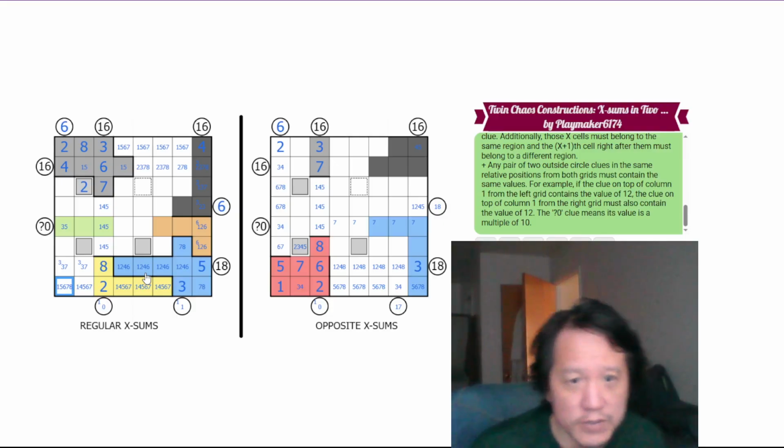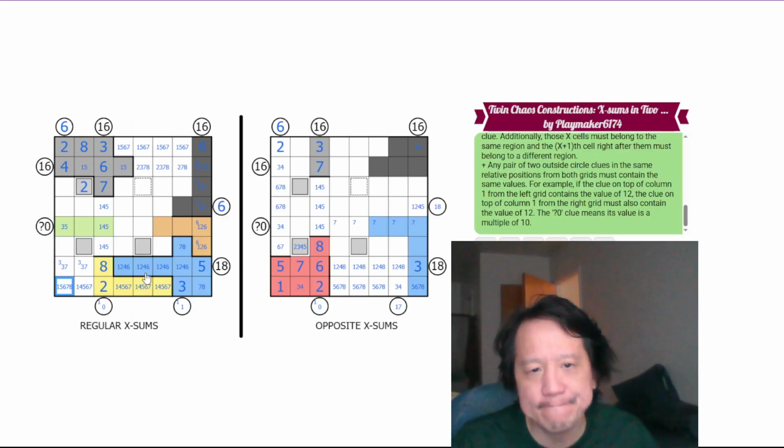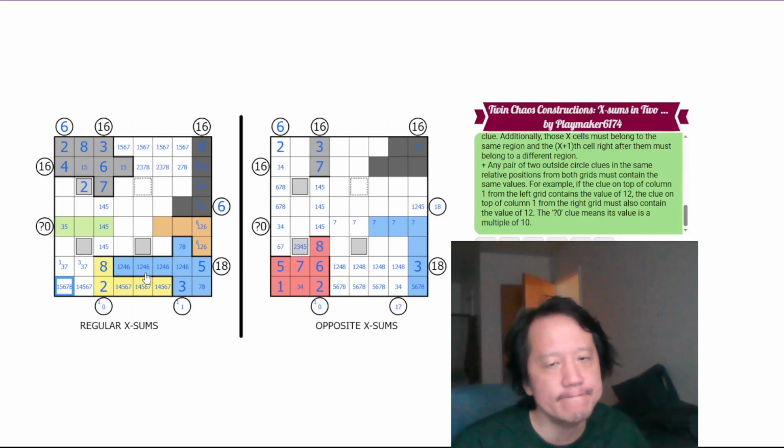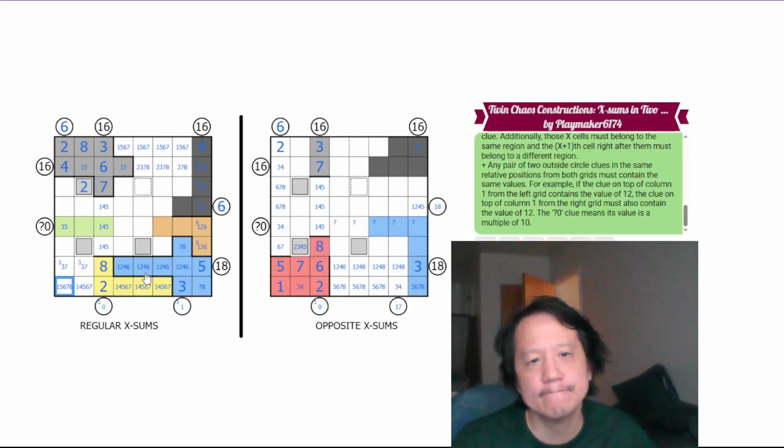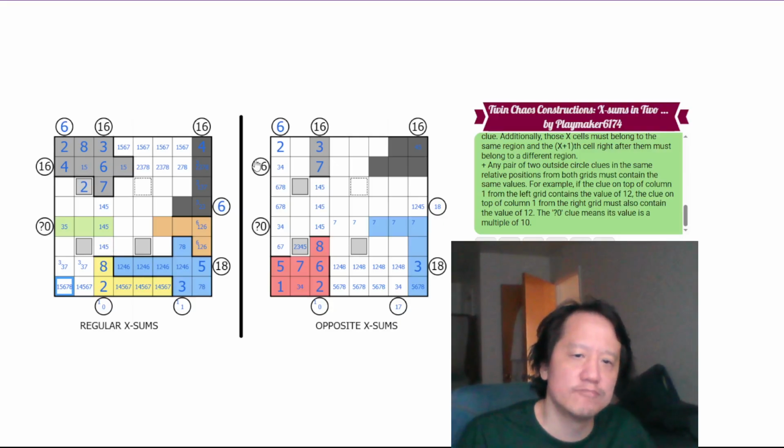Pretty convoluted still. 3 digits. It's adding up to 16. We don't have 1, 7, 8 anymore.